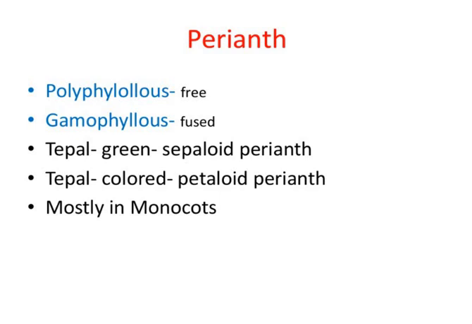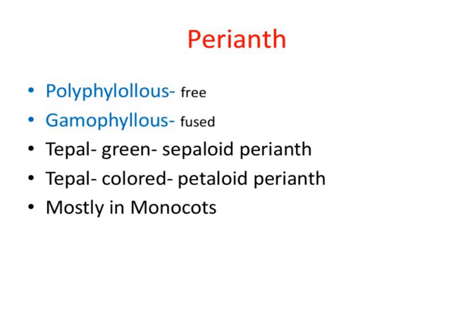If the perianth is fused, that condition is called gamophyllous or gamotepalous. So may I repeat once again? When there is no distinction between calyx and corolla, the units are called tepals. If the tepals are free, they are called polytepalous, and if the tepals are united, they are called gamotepalous.